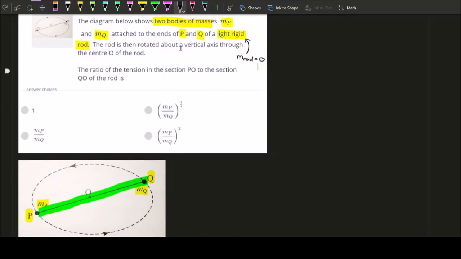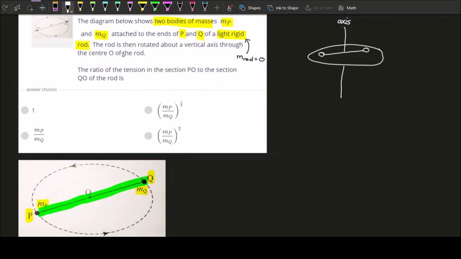So the rod is rotated about a vertical axis through the center O of the rod. It means, okay, this diagram didn't really draw it well, if you have something like this, you can think of this as a plane. Then you can think of this as your axis of rotation. Then you will see there's a rod on top of a table.